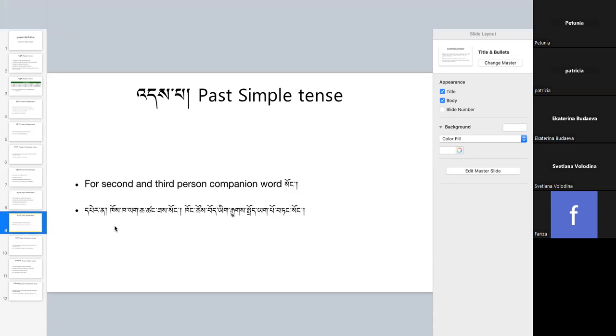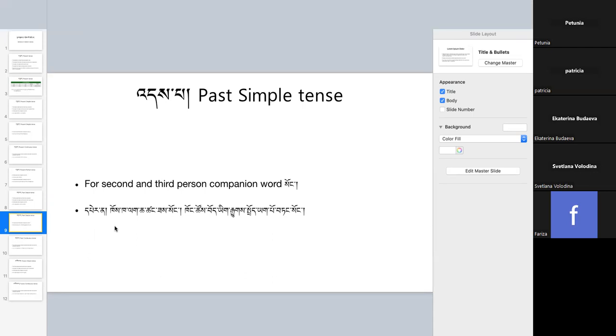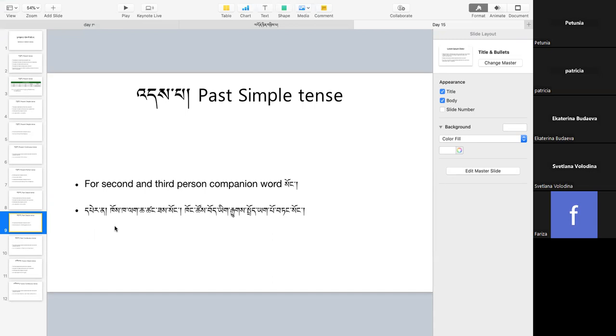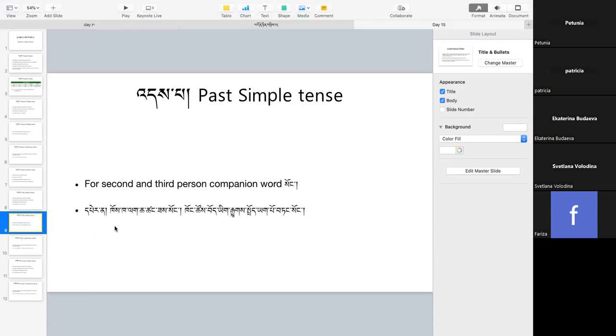Now, the case with the second and the third person is the companion song. So, que kala chazang se song. We cannot say que kala tsangma sein.